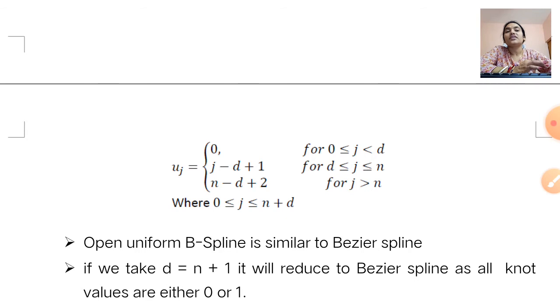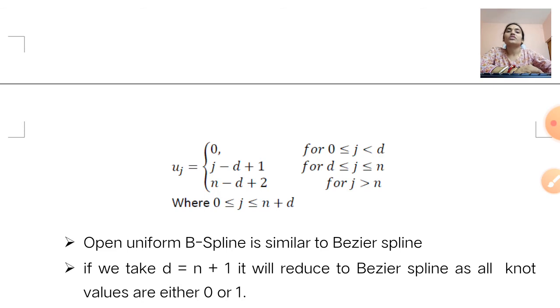That means d less than or equal to j less than or equal to n. If uj equals n minus d plus 2, then j is greater than n, where 0 less than or equal to j less than or equal to n plus d.